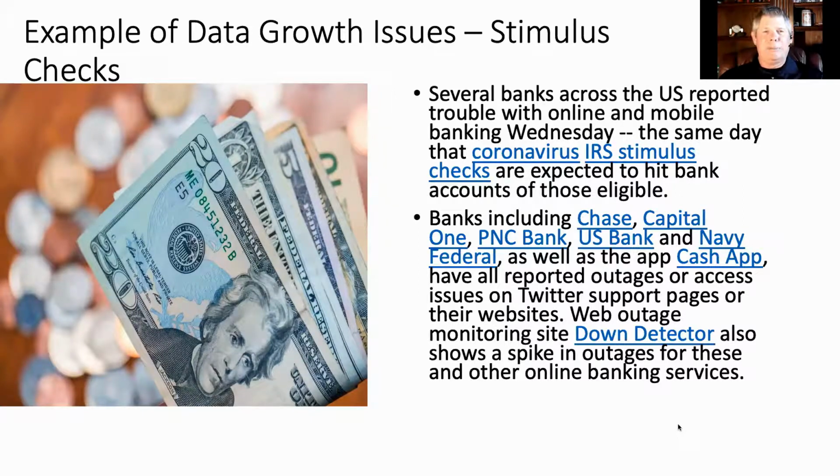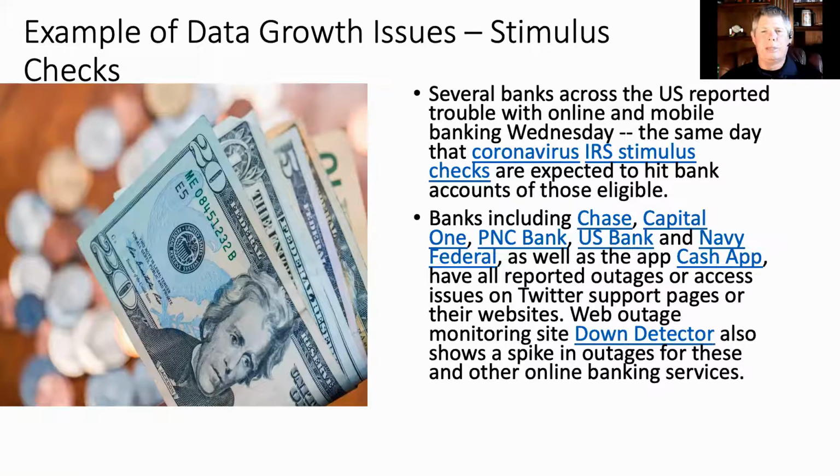So I thought I'd bring up a couple examples. Here's an example of some data growth which happened mainly due to the coronavirus, and we saw this back in March, and it happened in the U.S. Both these examples are U.S. examples, but it was amazing. It just shows how people can overwhelm a system, based on their immediate demand.